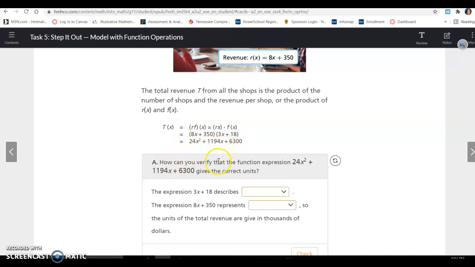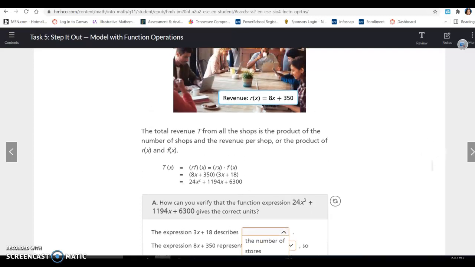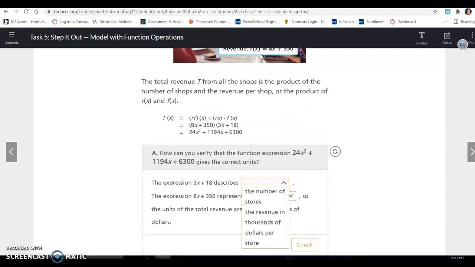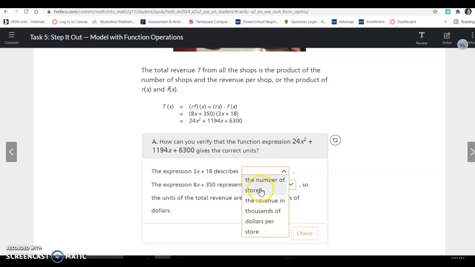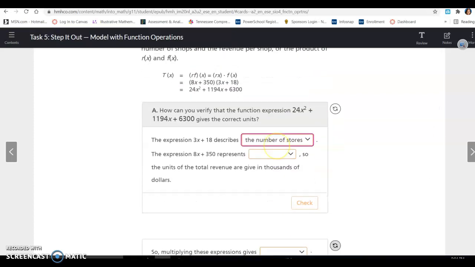It says, how can you verify that the function expression gives the correct units? So the expression 3x plus 18 describes what? So 3x plus 18 describes the number of locations. All right, because it said from above, this is your locations here. And then the other one is your revenue.